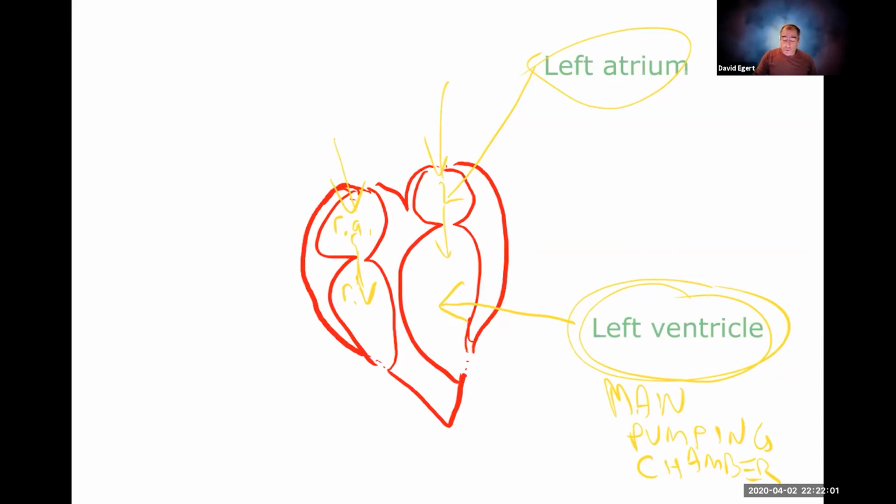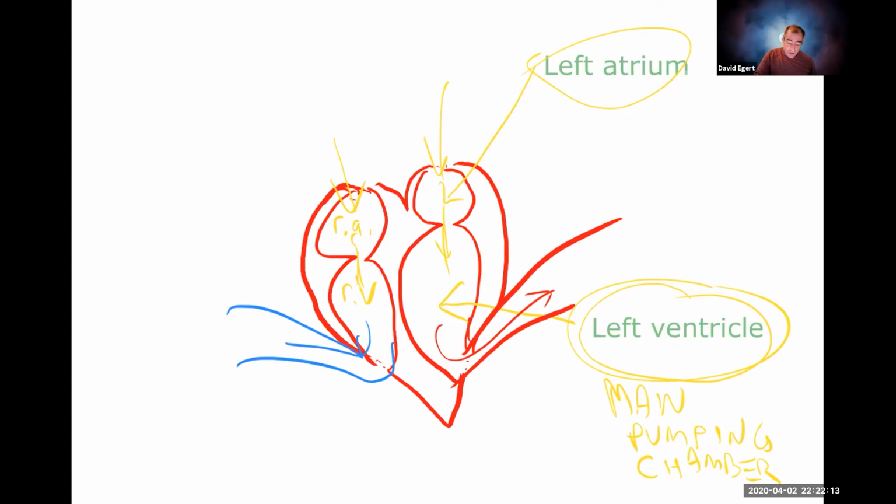When the ventricles squeeze, we're going to have these blood vessels, these big arteries that are leaving. When you squeeze these ventricles and the blood leaves, any vessel where the blood leaves the heart is called an artery.